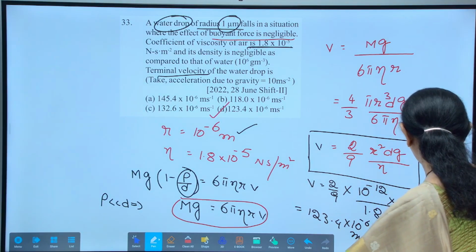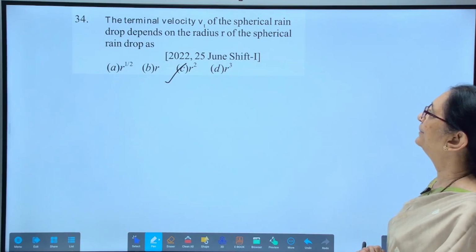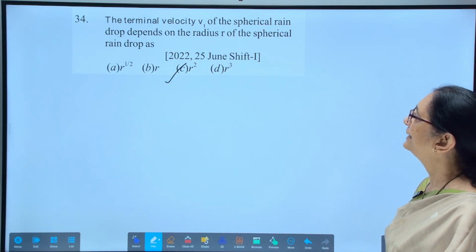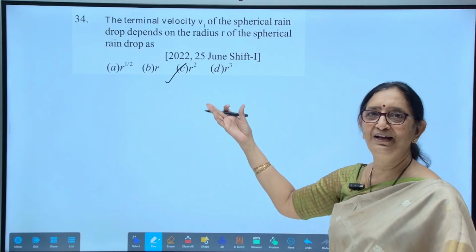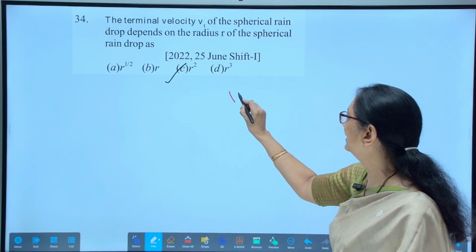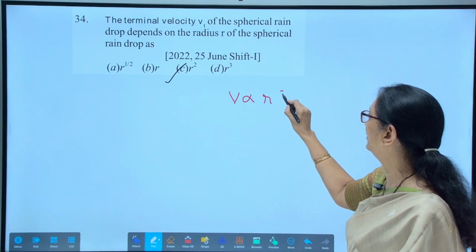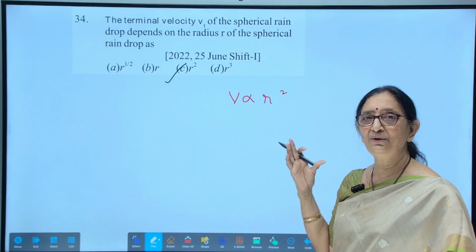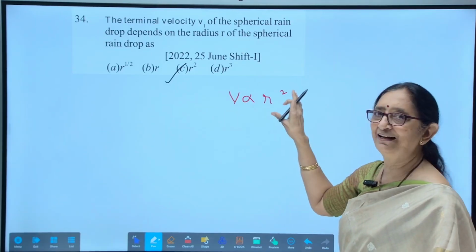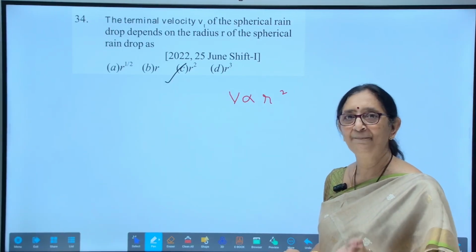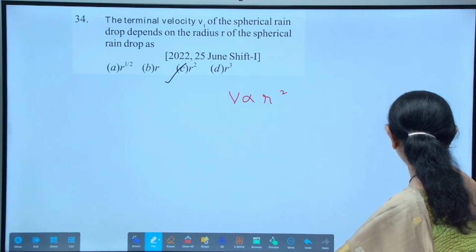That is it. Now, look here, terminal velocity of a drop depends on the radius, as we have derived already. Terminal velocity is proportional to r square. That is the reason why the graph drawn between terminal velocity and radius is a parabola, given in the question. There I explained to you.